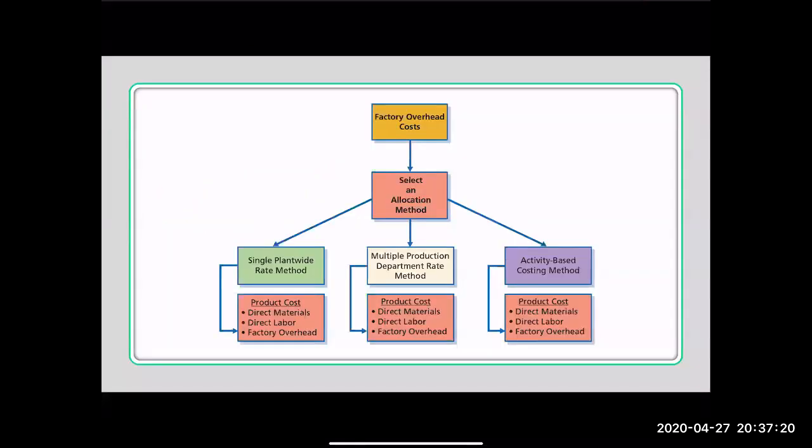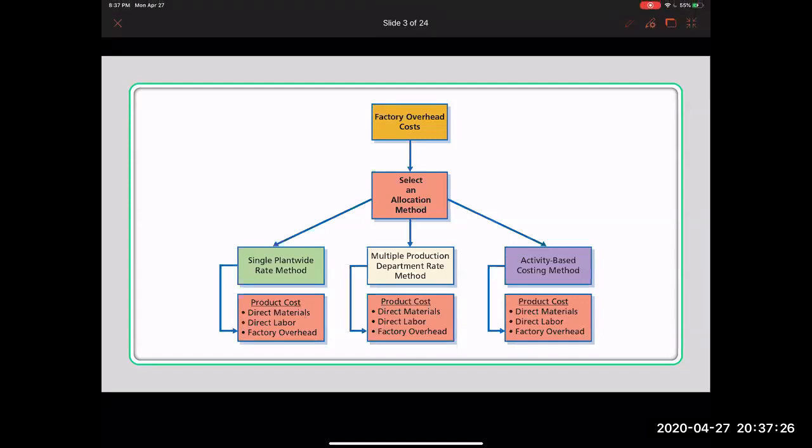So again, we're going to start with this table and just expand from here. What we're talking about at the current moment is factory overhead. Remember in the prior slide, I said we need three things to manufacture a product: direct labor, direct materials, and factory overhead. These two are less of an issue because we can clearly trace direct materials and direct labor to a product.